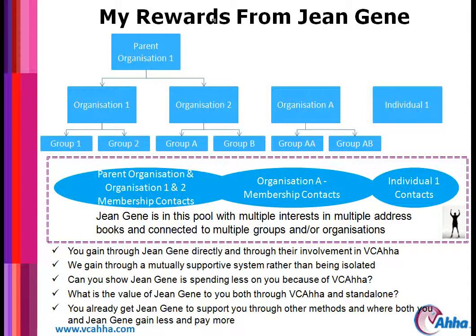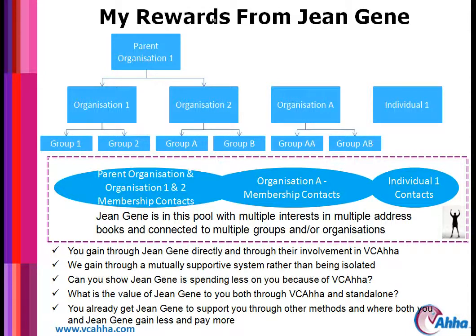If an organization or a group, whatever it is, wants to claim sole ownership of Gene, that's not the case. If they are saying that they're bringing Gene to the service, but they're not getting anything for it, well, that's okay. Go close your account, because obviously the service isn't working for you.